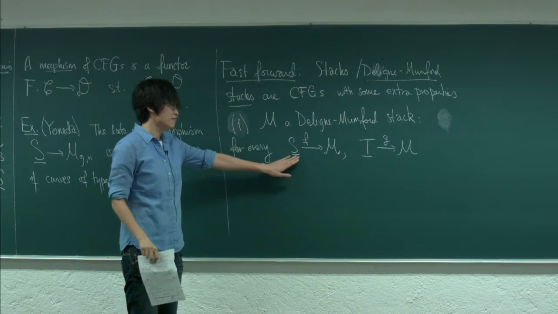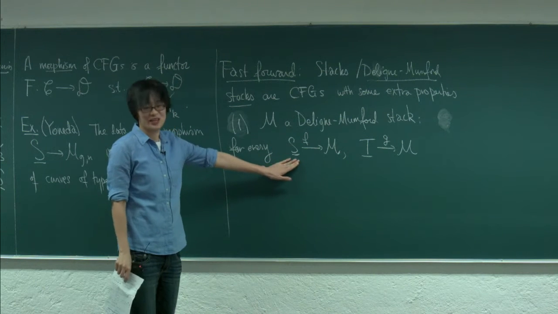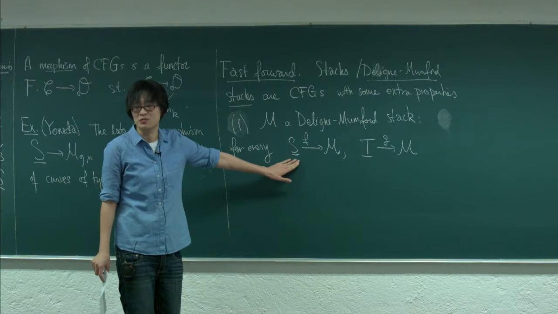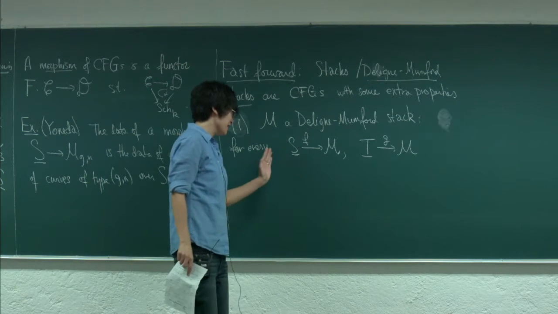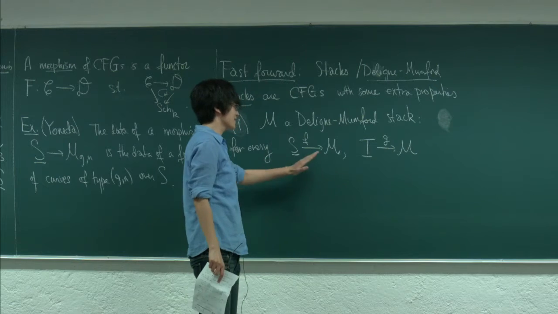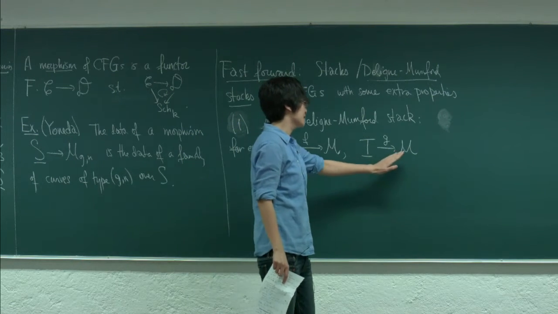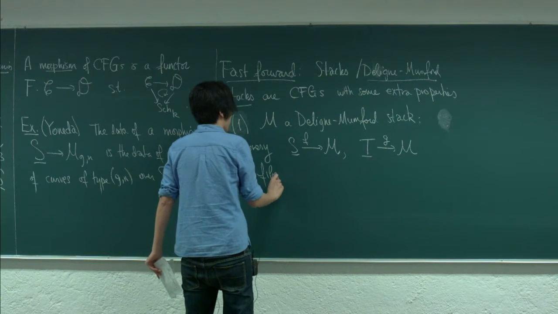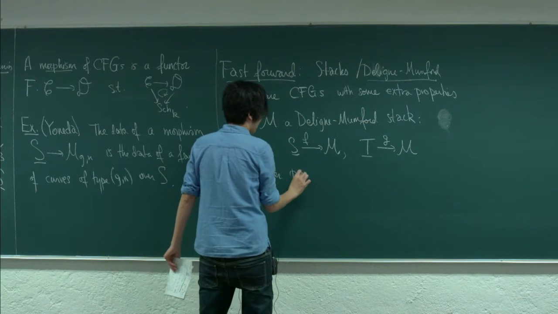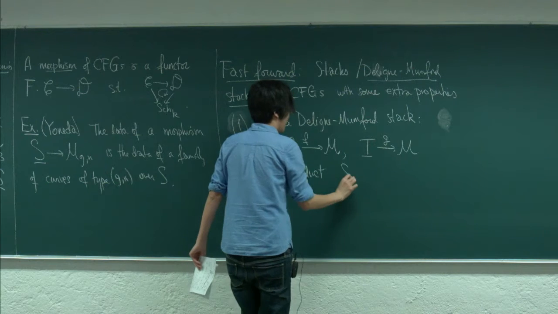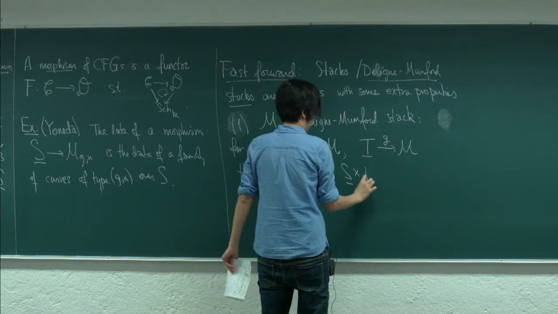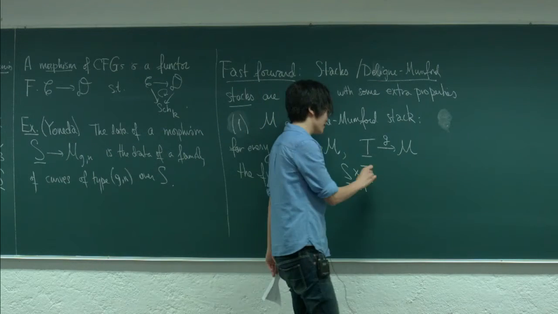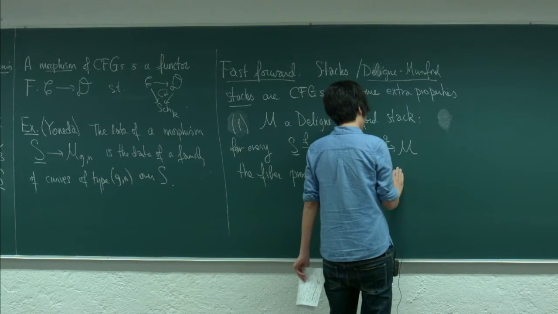So here I'm mixing, sort of on purpose, the language of schemes and their associated categories fibered in groupoids. Okay, but we think of it as having a morphism from a scheme S to M and a scheme T to M, then the property or the requirement is that the fiber product S product with T over M, which I will not define, so there is a notion of fiber product.